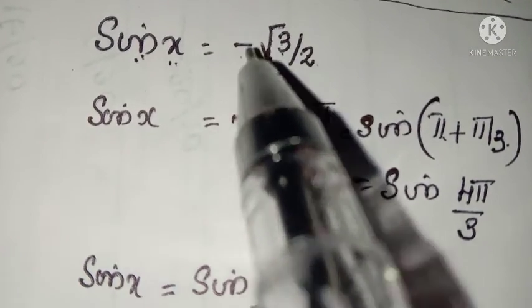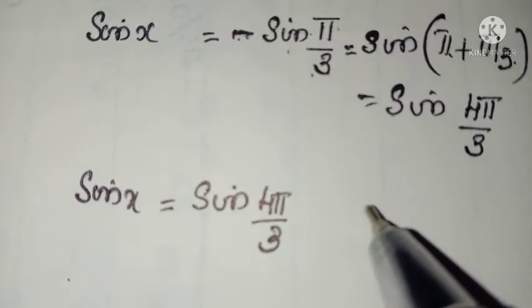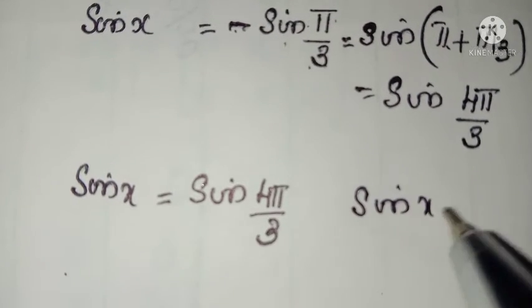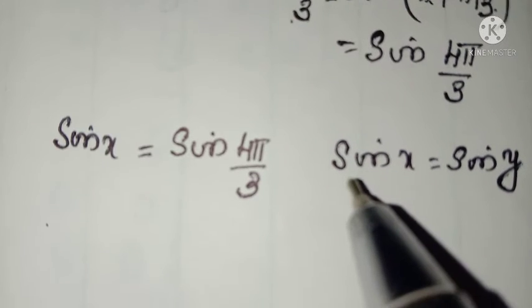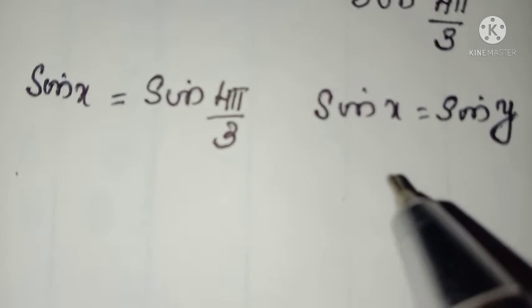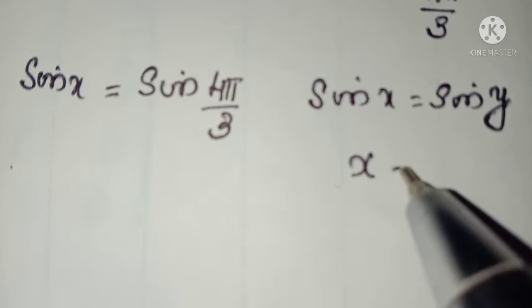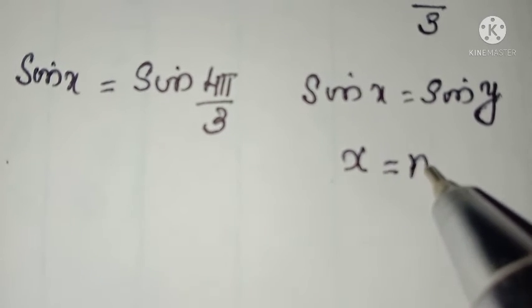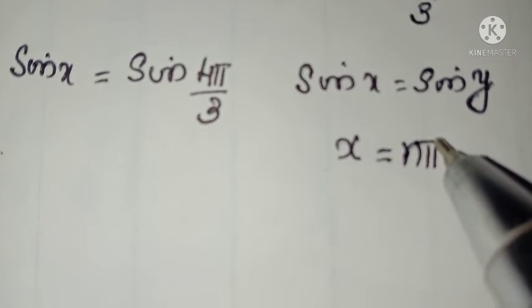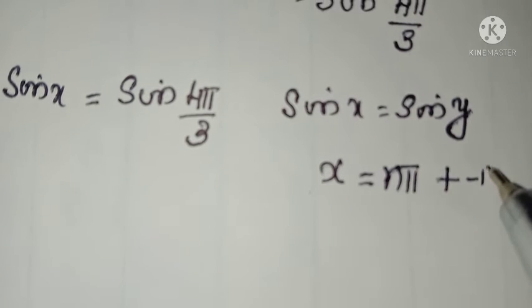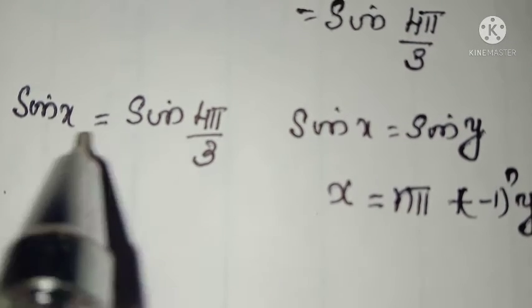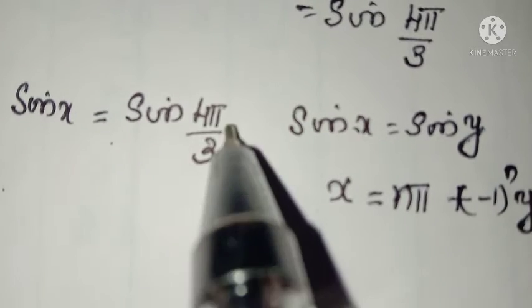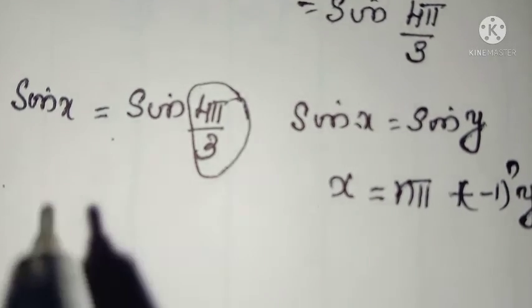Now the equation is in the form sin x equal to sin y. Any equation in the form sin x equal to sin y has the general solution x equal to n pi plus minus 1 raised to n into y. Comparing these two equations, here y is 4 pi by 3.